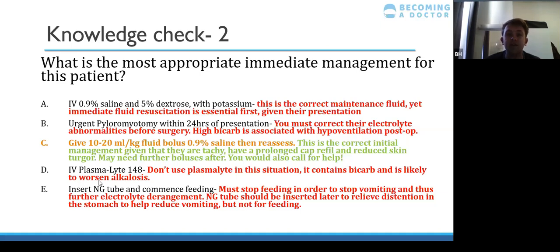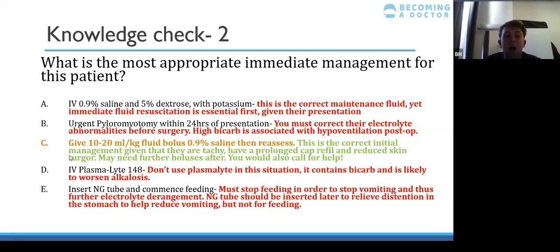And as such, we also put them nil by mouth, because again, the eating is what's causing vomiting. So we've got the NG tube and nil by mouth to stop the initial cause of the alkalosis. And then we've got fluids to correct the already pre-existing metabolic abnormalities that are maintaining that alkalosis.